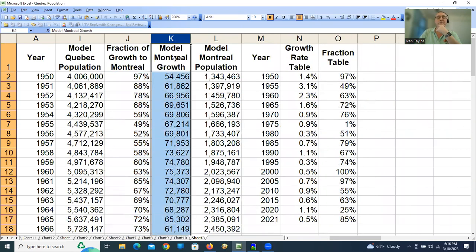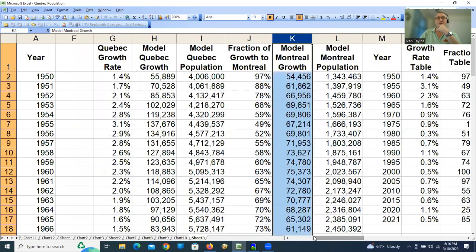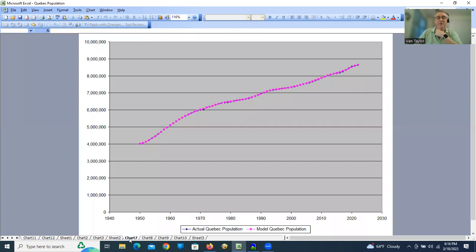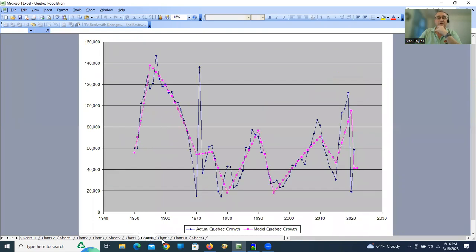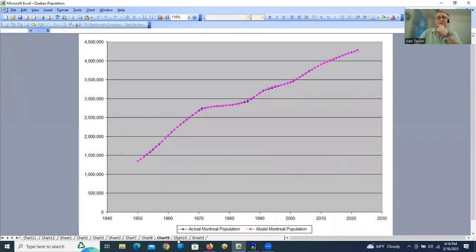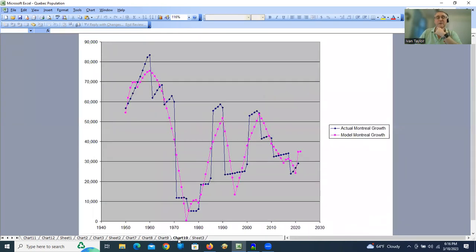So here we have the population growth of Montreal as a function of the growth of the province. And you can look at the graphs again, and we can see that the population of the Quebec province is looking very good in the model, and the growth in the province is looking good, and the Montreal population is looking good, and the growth in the population is looking good.